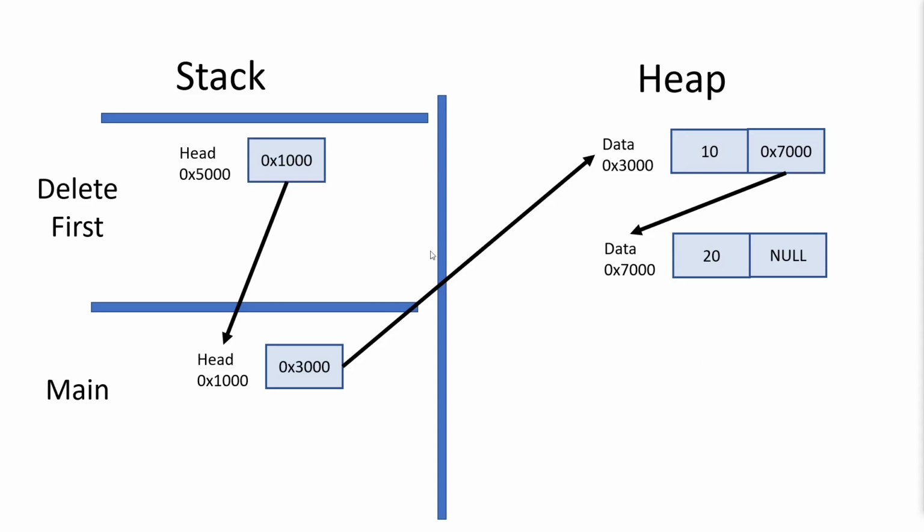So what I really want is for the data that I pass into my function to be the address in the main stack frame where I'm storing the arrow here, or the pointer to the data. So this is going to actually contain 1000, the memory address here, so that I can access something outside of the function. So let's go ahead and take a look at this in code and just get this started.